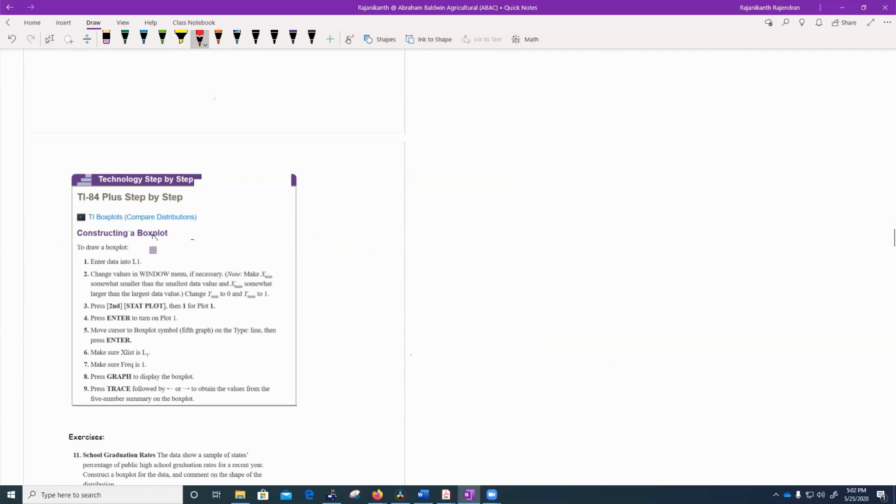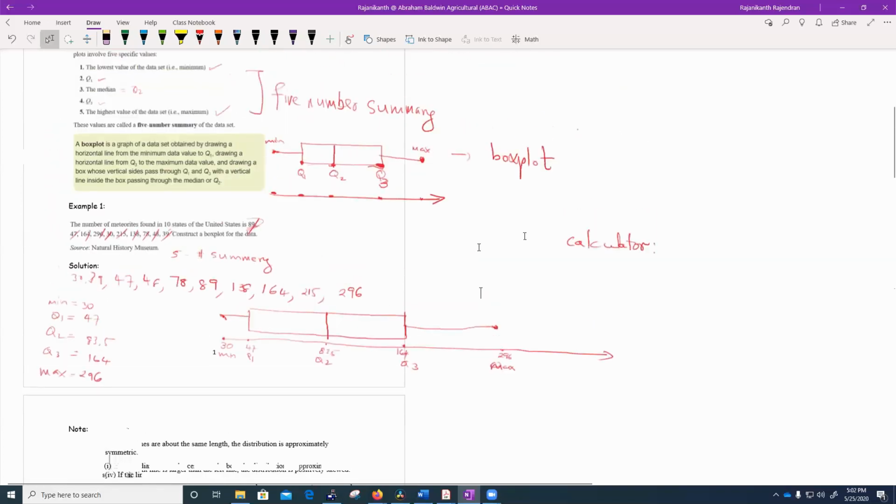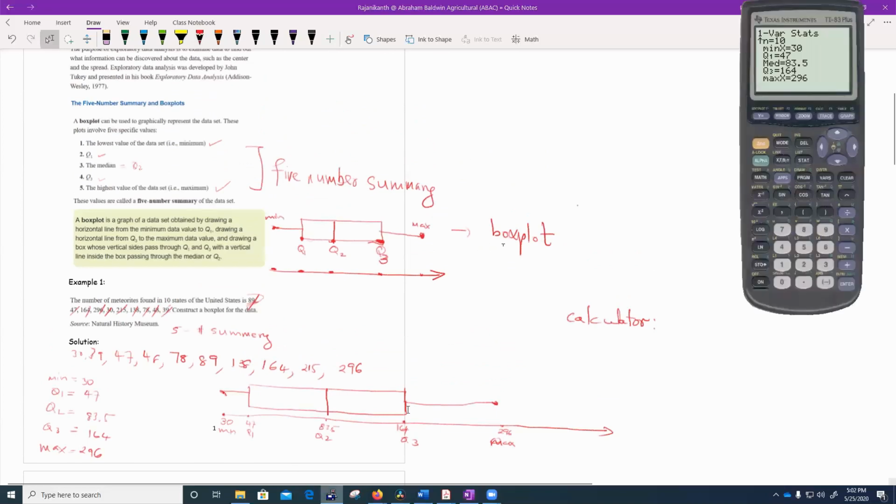Then enter, and you will find all the lines in the graph. I will show you. Now you are going to enter all the data values in the calculator. I already have done that part. We have all the data values. Good, so I'm going to set my window.